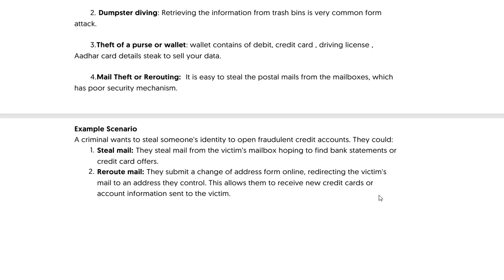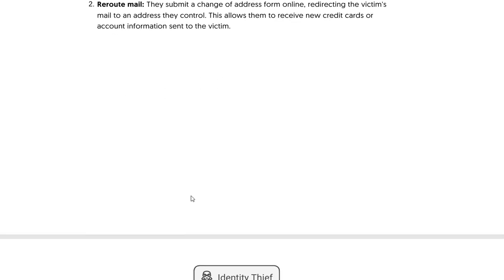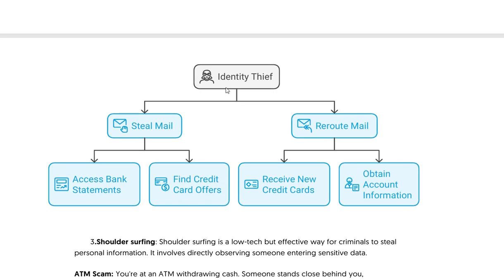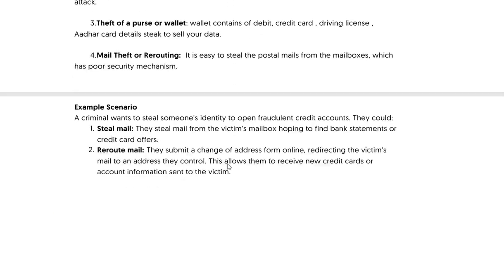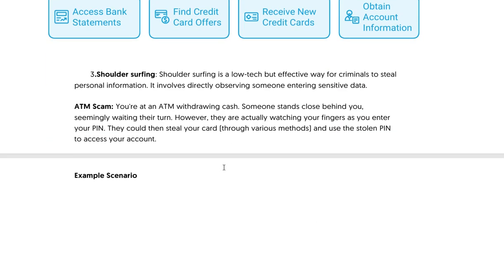This allows them to receive new credit cards or account information sent to the victim. Stealing means getting information about the credit cards, the offers and the account details. Then they change the address, apply for credit cards and make purchases. That is nothing but mail theft or the rerouting of it.